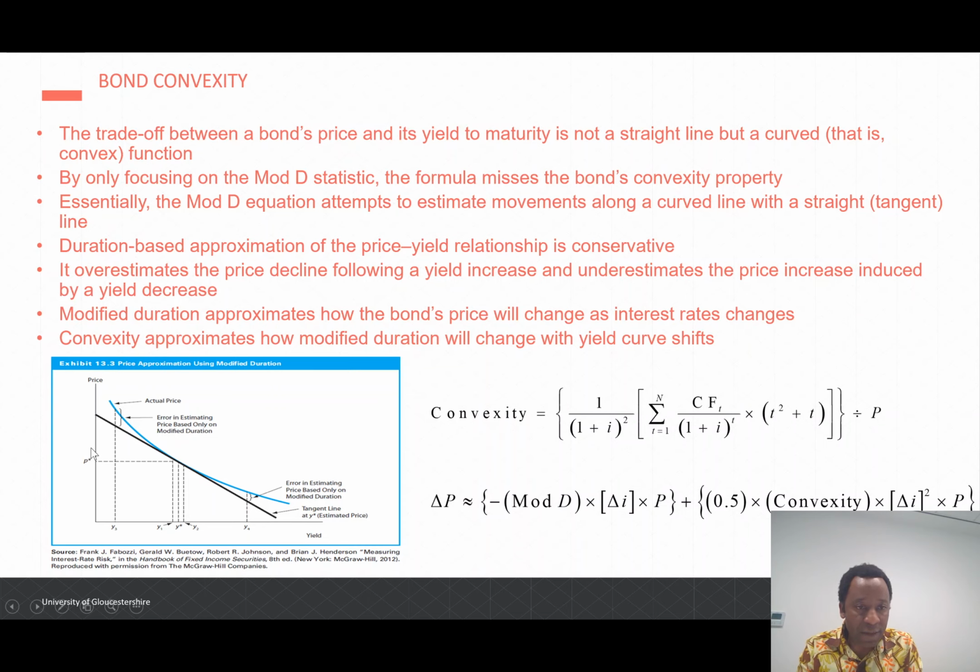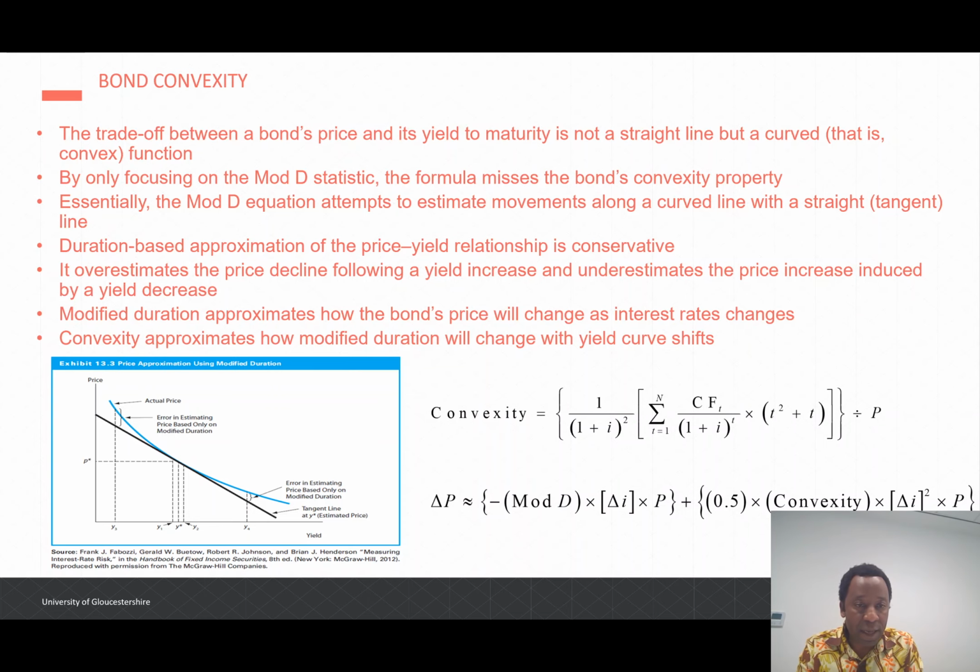How sensitive is the price to changes in the yield? Effectively, if the yield changes by a certain percentage, by how much does the price change? Okay, so what we need to do is have metrics that measure these sensitivities.